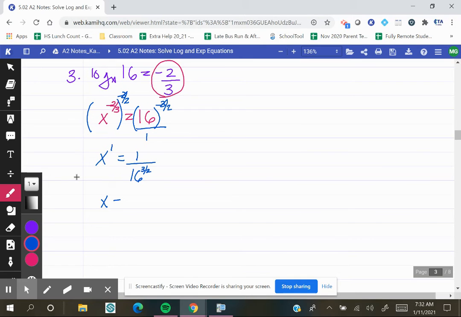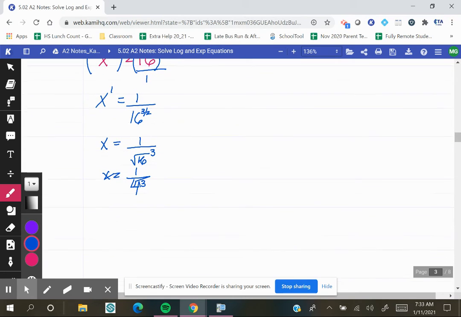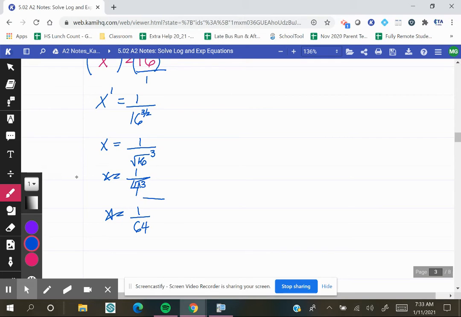So I'm going to take the second power, which is the square root of 16, and raise it to the third power. So square root of 16 is 4, and 4 to the third power is 64. So I get x equals 1 over 64.